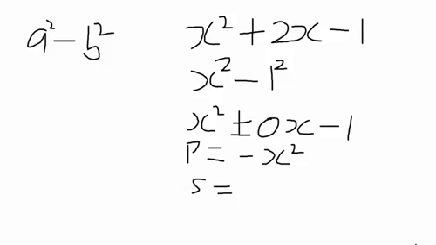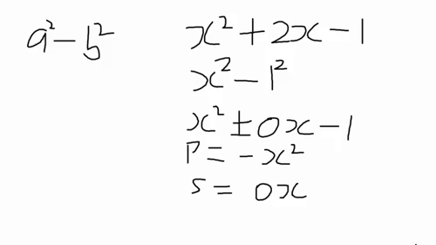I already taught this in some of my previous videos, so you may want to watch that. So you ask yourself, what can I add to give me my sum, and what can I multiply to give me my product?